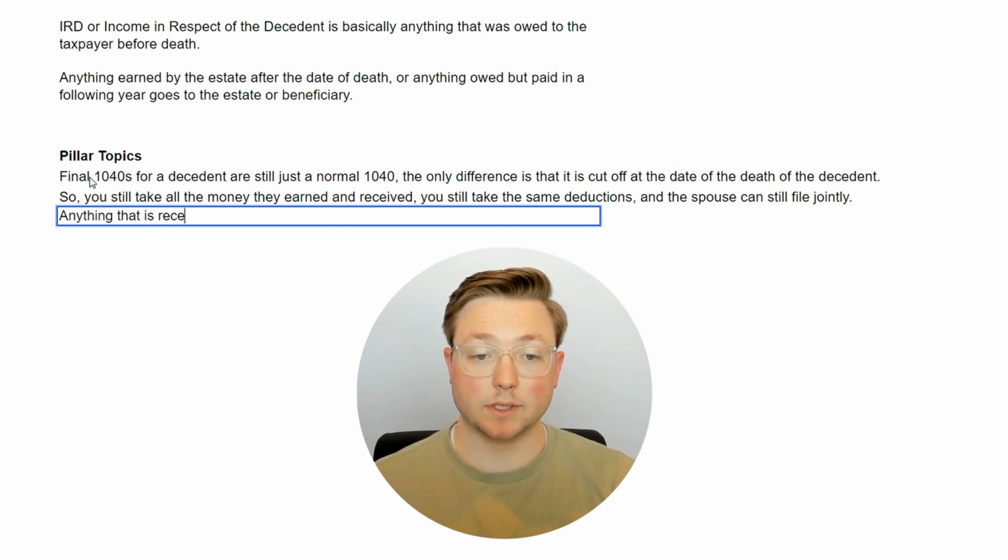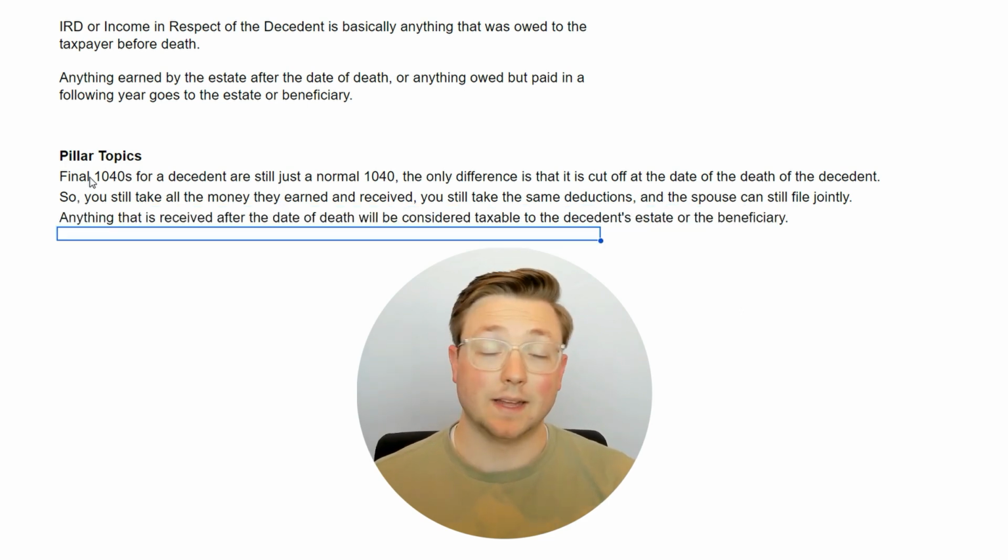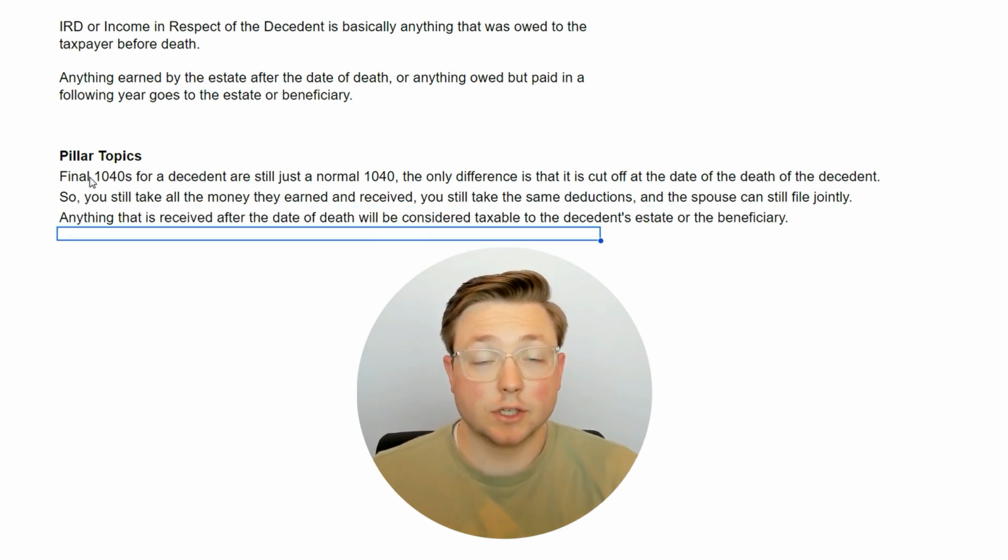Anything that is received after the date of death will be considered taxable to the estate or the beneficiary. And that's pretty much it. You don't need to know really too much more. It's a very simple and straightforward topic as far as the CPA exams go.